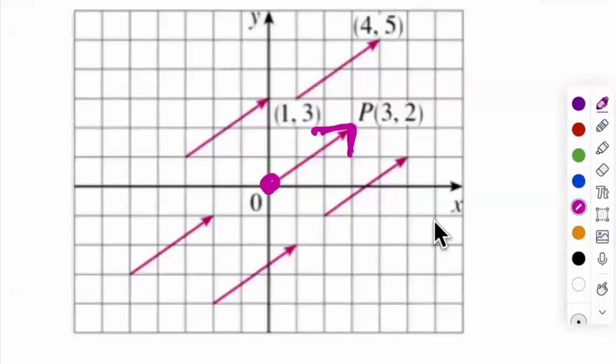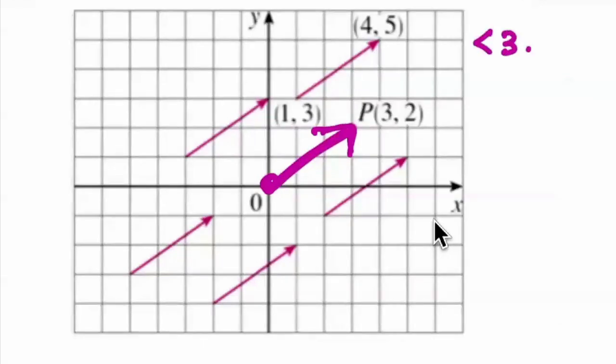This pink one here is a vector. However, if you take this vector and move it to a different position, you get this, and this. The position doesn't matter. They are all equivalent, so those are the same vector. When I first studied this, I said, oh, they're in different places.